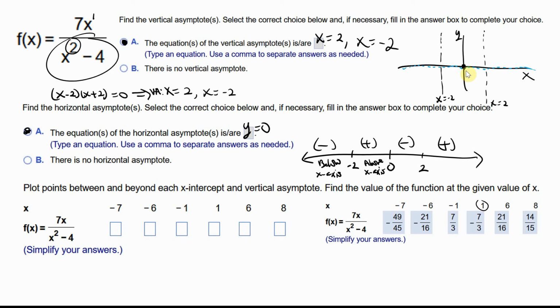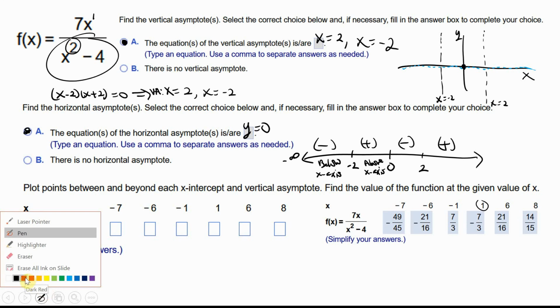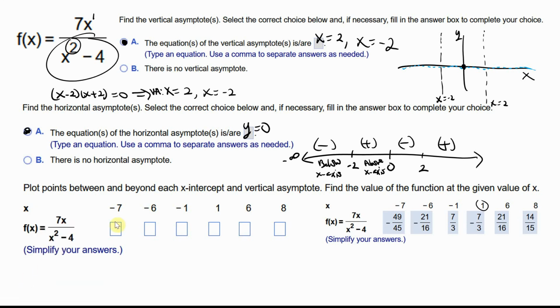Sometimes it breaks the cadence. Looking at my number line, from negative infinity to -2 is under the x-axis. Let's use different colors. Find the asymptotes, it rides along. Then from -2 to 0 is positive, above the x-axis. Find the asymptote, ride along with it. Then it wants to cross the intercept.